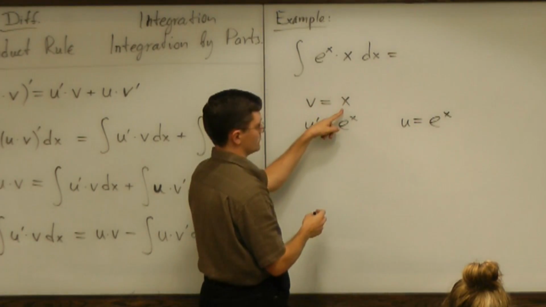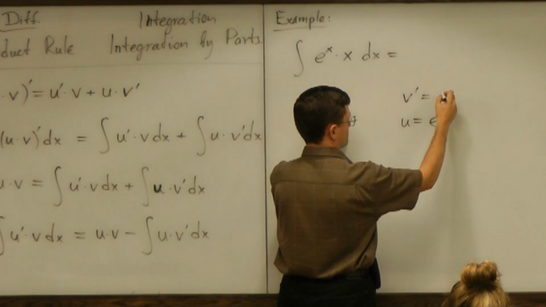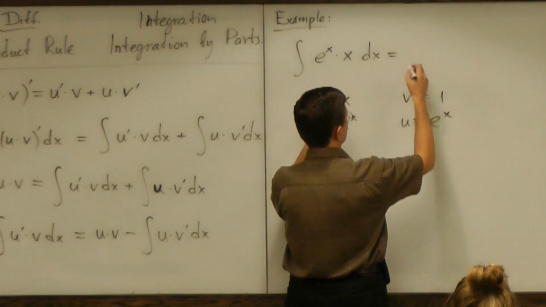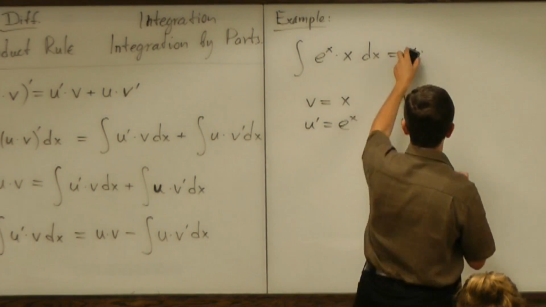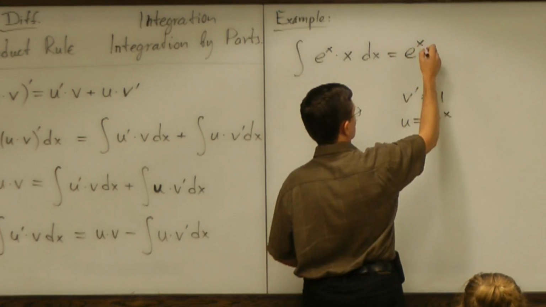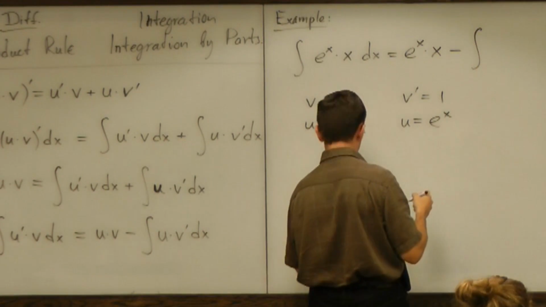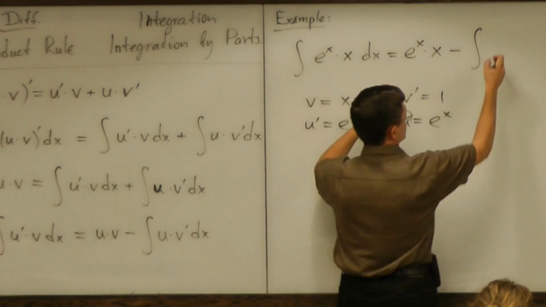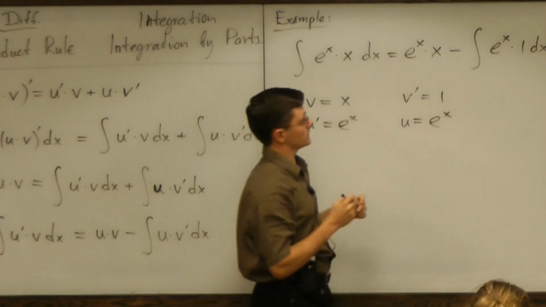I will also need the derivative of v. v prime is 1. And u times v is e to the x times x. And then minus an integral of u v prime, e to the x times 1 dx.